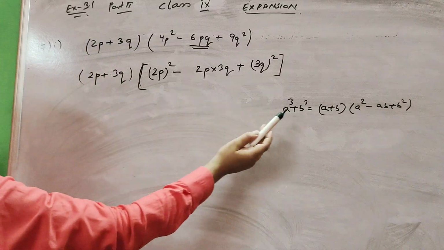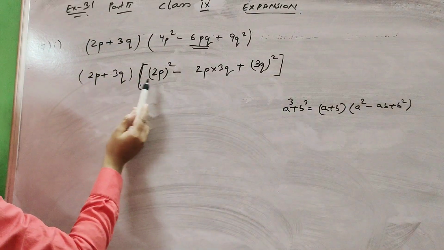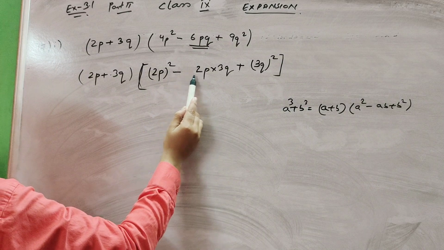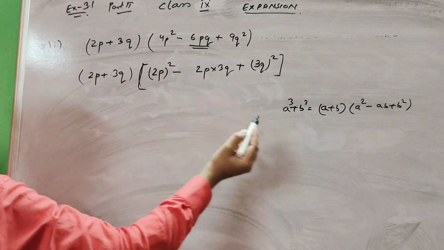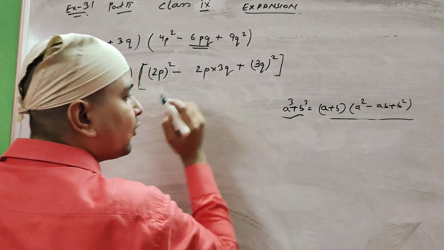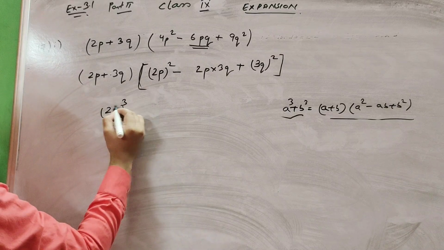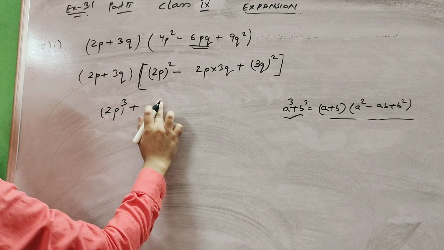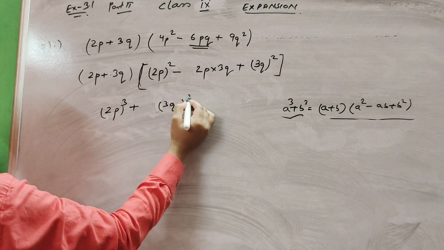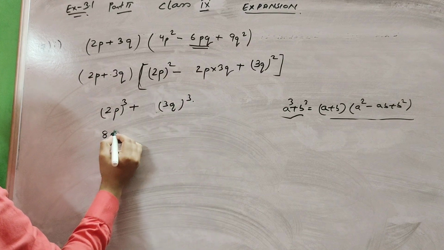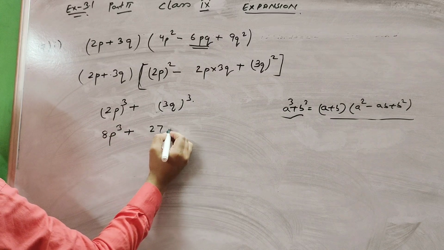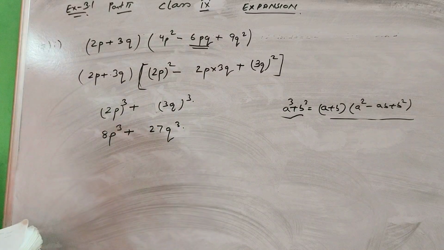So you see, it is the same: a plus b, a square minus ab plus b square. So in place of that we just write a cube plus b cube. This is your a cube and this is your b cube. So this is 8p cube and this one is 27q cube. Clear? Note.